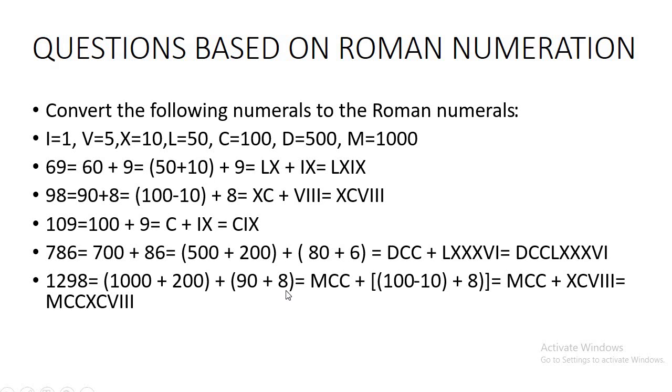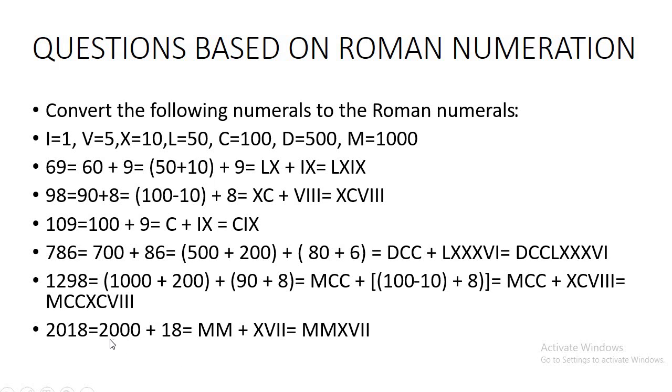For 8 we have VIII. So this represents 98, because XC is 90, VIII is 8. So 1298 is written as MCC, that is 1200, XCVIII, that means 98. So 1298.